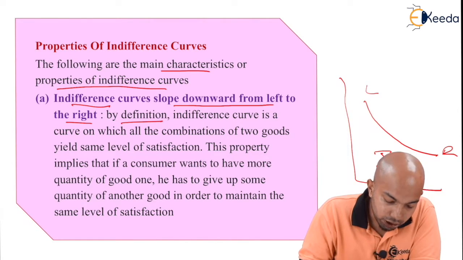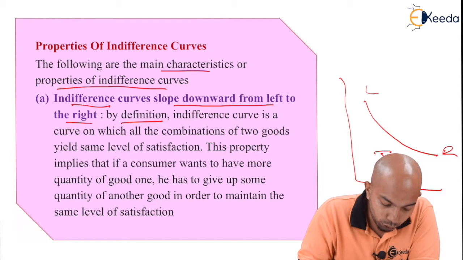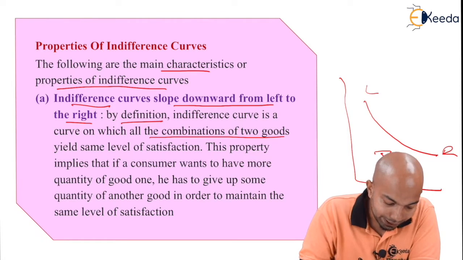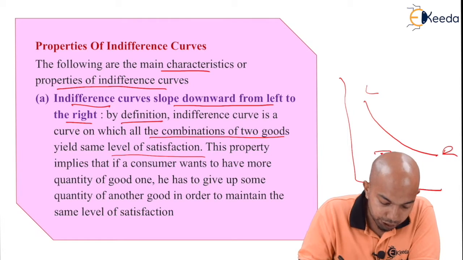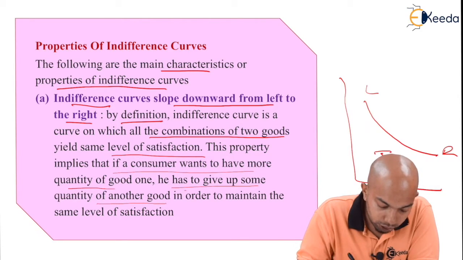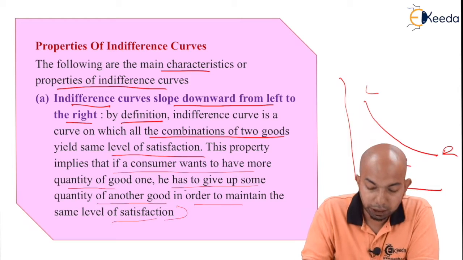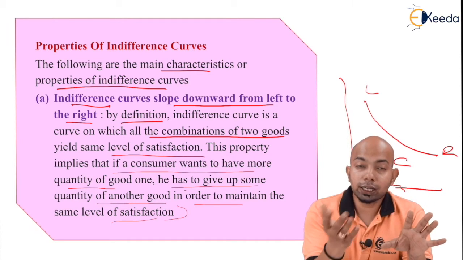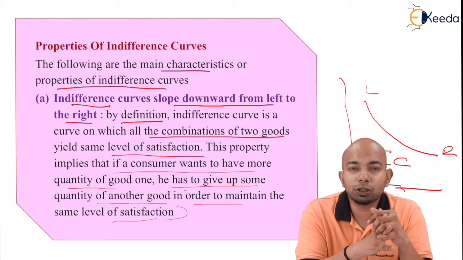By definition, indifference curve is a curve on which all combinations of two goods yield the same level of satisfaction. This property implies that if a consumer wants to have more quantity of one good, one has to give up some quantity of another good in order to maintain the level of satisfaction. That is the concept that you have to apply.